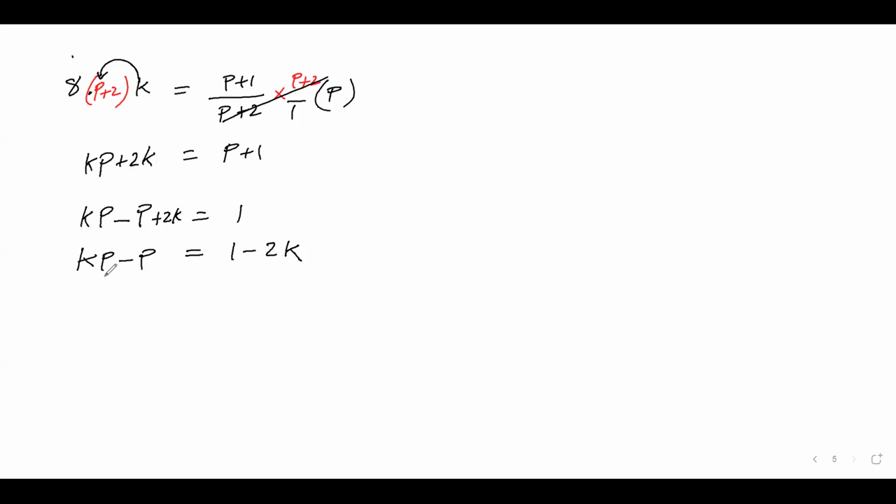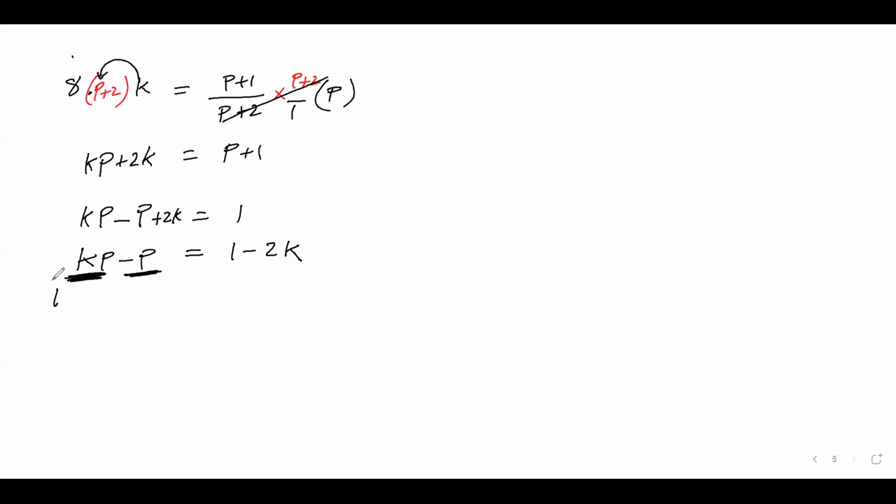Now remember, we have kp minus p. So open your mics, tell me what's the common factor for this? Peter? P. Because the common factor is common. What is the same here and here?